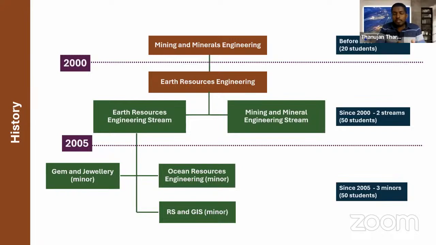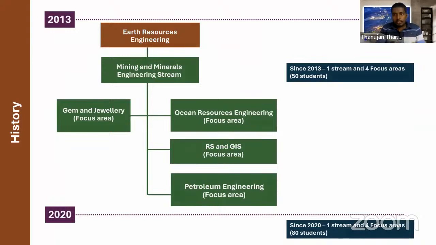In 2005, the minor programs were introduced, like gem and jewelry, ocean resources, and remote sensing and GIS. Then another major curriculum revision was made in 2013, and it was shrunk to one stream called mining and minerals engineering.